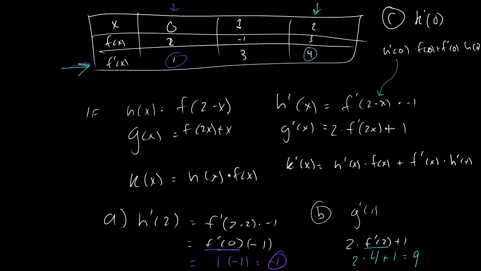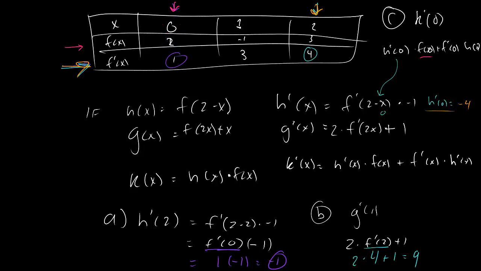So h prime of 0 is equal to, I plug in 0 here, so f of 2, so I look at my f of 2, and I get 4 times -1, so this is going to be -4. And then f of 0 is my next piece, so I look at my f function, I look at my 0 column, I get 2.